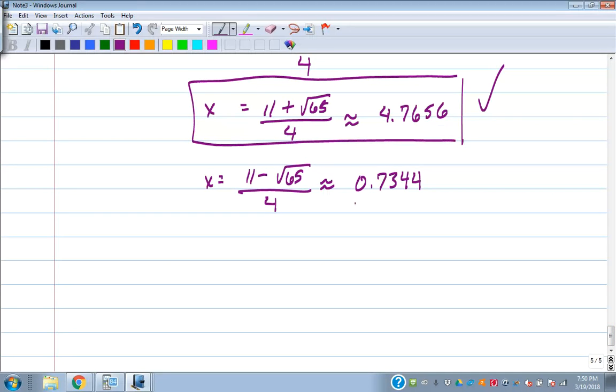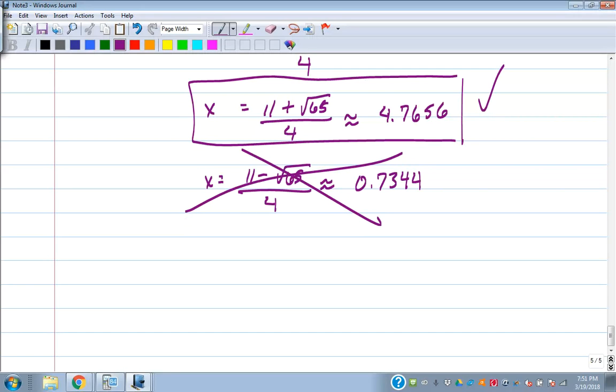Now, 0.7344, if I double that, if I have 75 cents and I double it, I get $1.50, right? $1.50 minus 5 is a negative number, right? So that just one log having a negative inside of it means you throw this answer out. Okay.